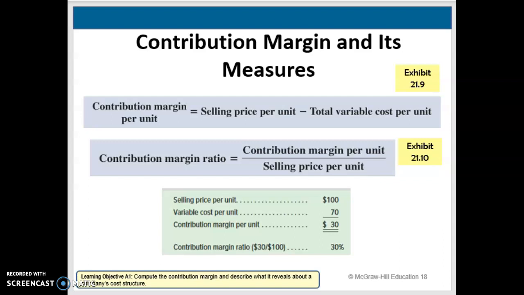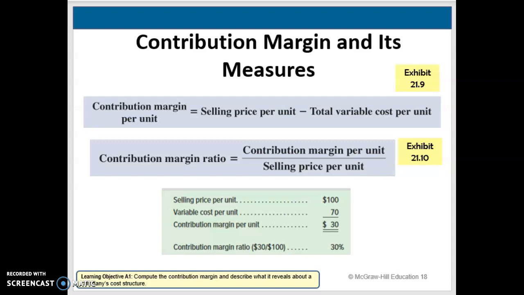So to give an example, let's consider Rydell. It sells footballs for $100 each. It has variable costs of $70 per football that's sold. It has fixed cost of $24,000 per month with a monthly capacity of 1,800 units.